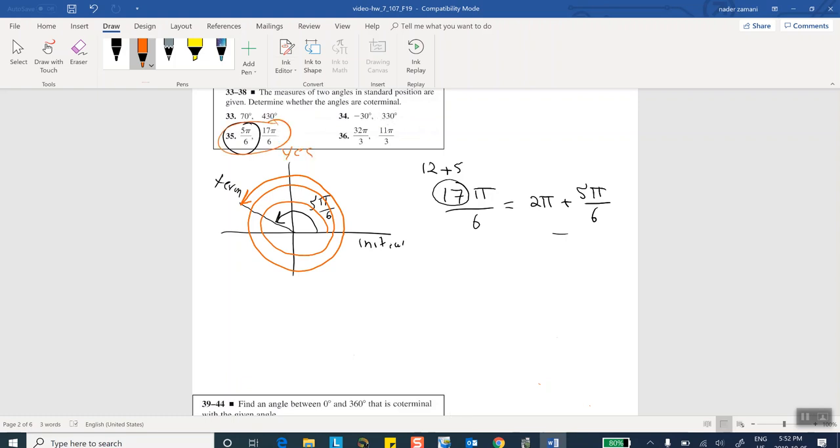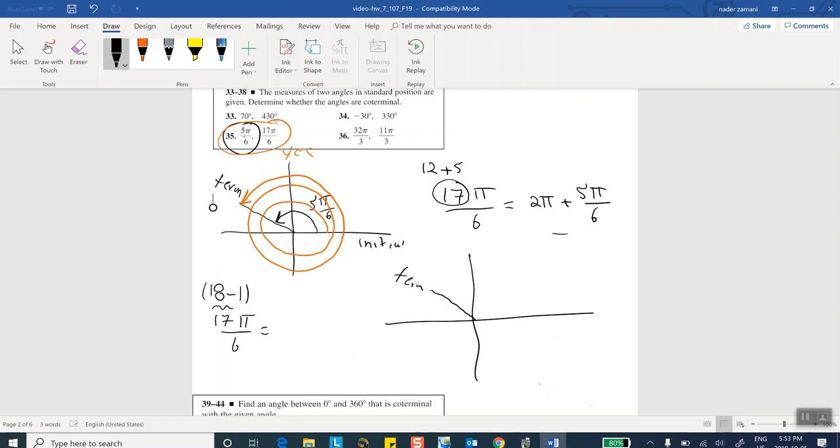But I want to do this a different way. We should get the same answer. So let me go here. There is your terminal side of 5 pi over 6. This is the same thing that I wrote initially here. I can view this 17 pi over 6 a different way. The 17, I can look at it as 18 minus 1, right?